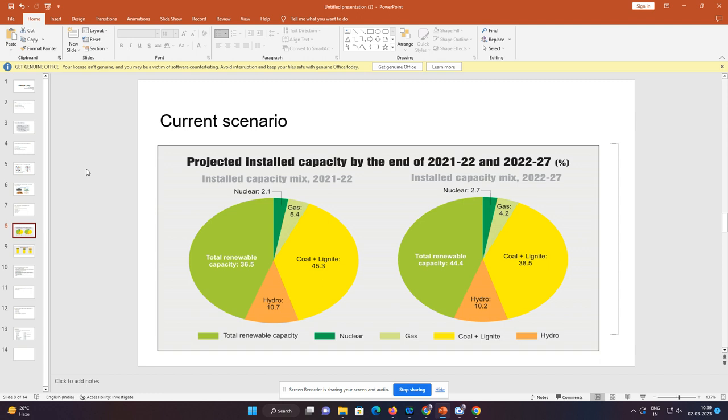It has also set a target to reduce the country's emission intensity to 33% lower than the 2005 level by 2030.